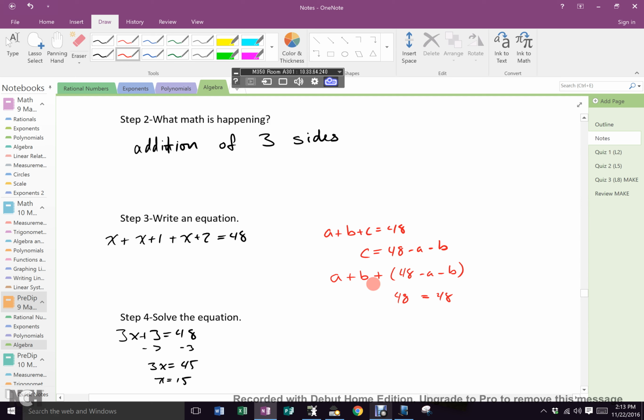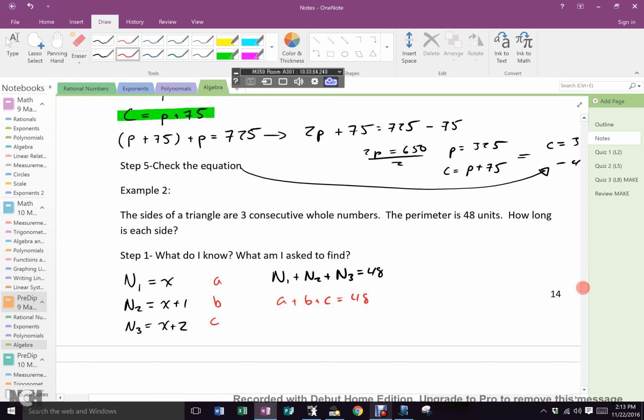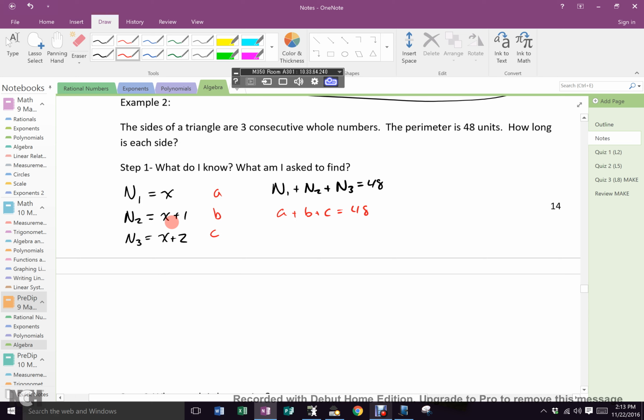What did work every time? One unknown. Having everything in terms of one unknown. Which unknown did we use here? Did we use the biggest or the smallest or the middle one? And would it have mattered?